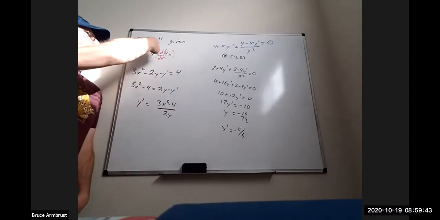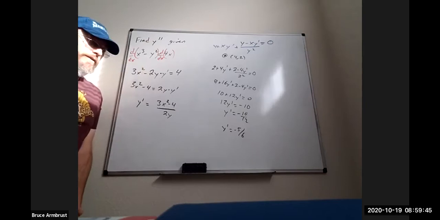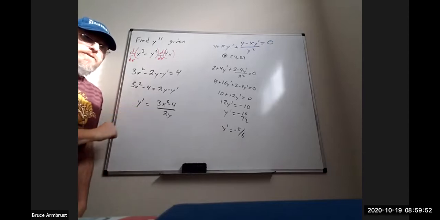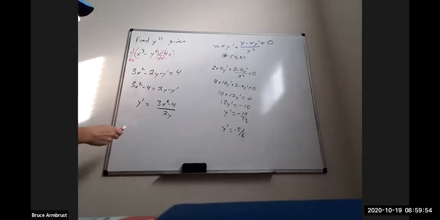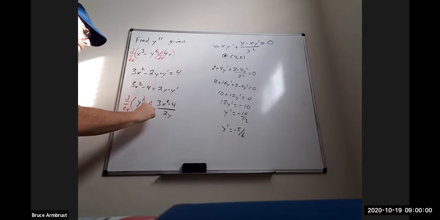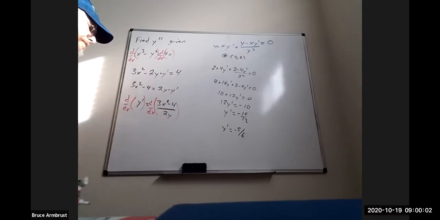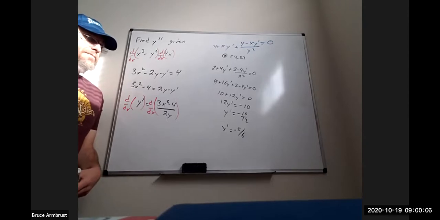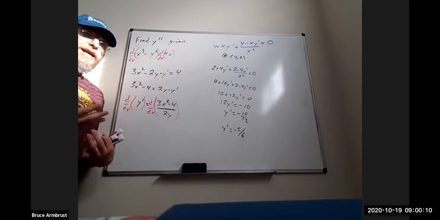All right, well, now we'll take care of the fact that it's a second derivative. So if I want a second derivative, I have to differentiate the first derivative. So I'm just going to do another d dx.